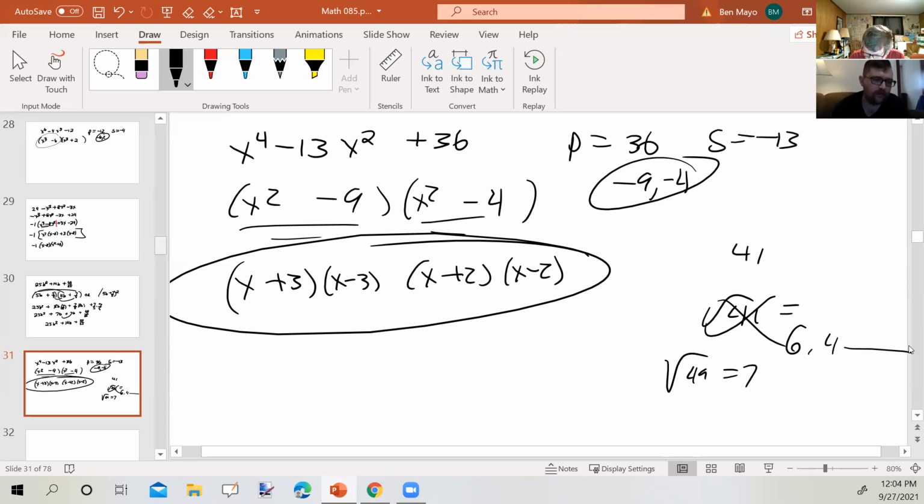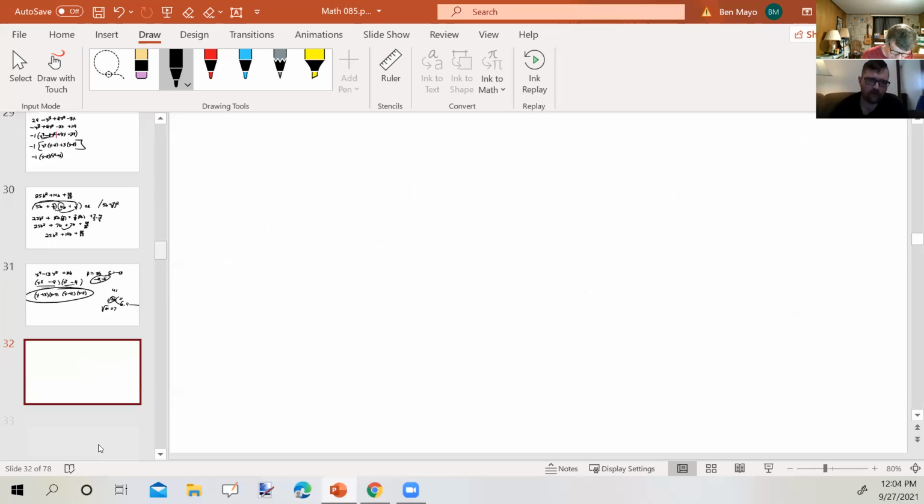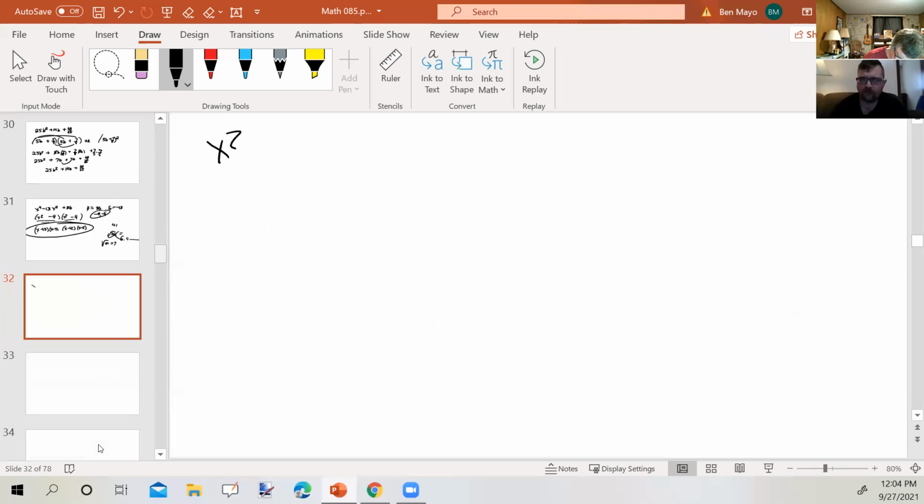Roger that. All righty. How about this one? X squared y squared minus 6xy minus 16. Well, this is a trinomial and it's in standard form and there's no greatest common factor.